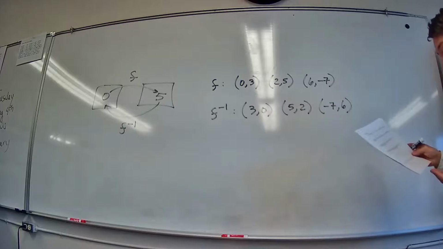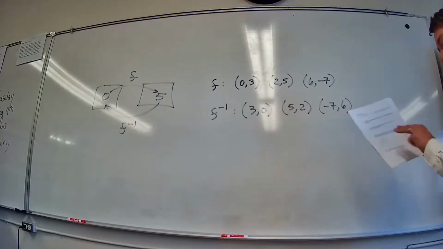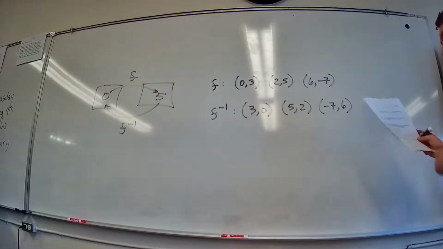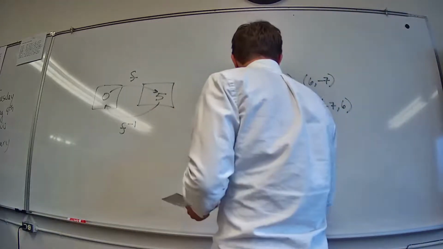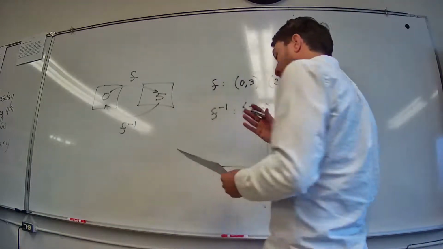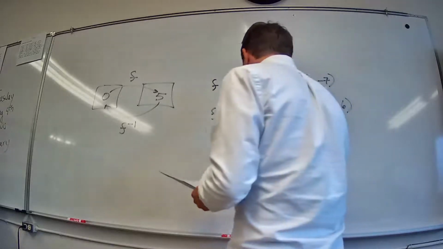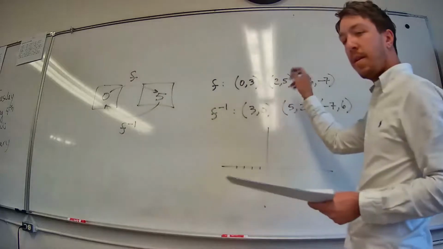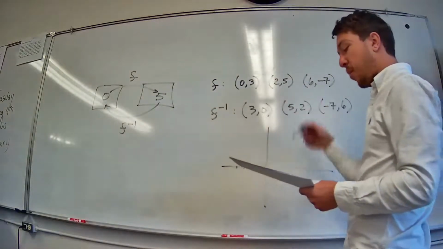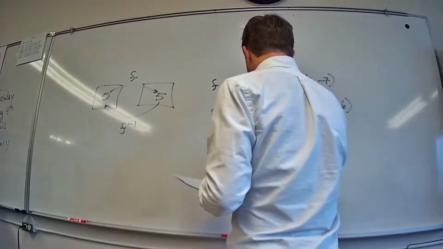Okay. For number 8, it's asking us to look at this graph and draw the inverse function. So some of you guys might remember the more general result here of what happens. If not, just apply this idea to every point on the graph.